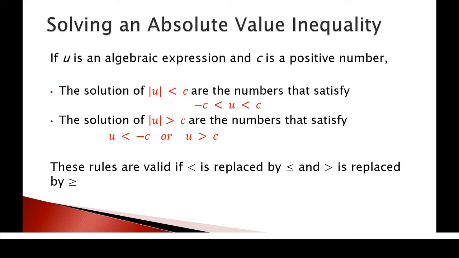If U is an algebraic expression and C is a positive number, the solution of |U| < C should satisfy -C < U < C. If |U| > C, then the numbers should satisfy U < -C or U > C.